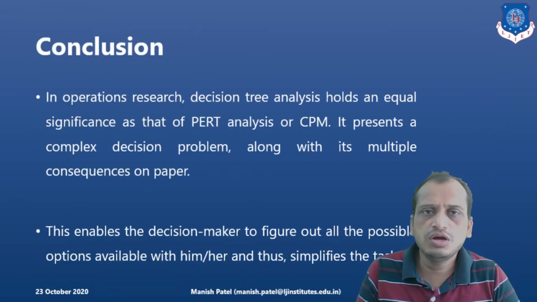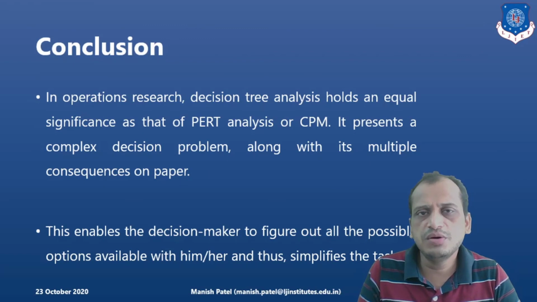Now we come to the conclusion here. Similar to PERT and CPM, it is very much useful, right? Because multiple complex decision criteria are there, you can easily depict them on paper with the help of decision tree analysis.